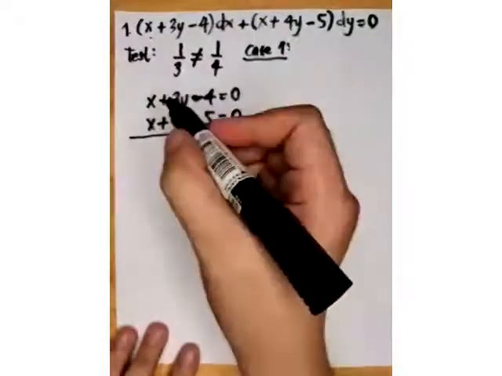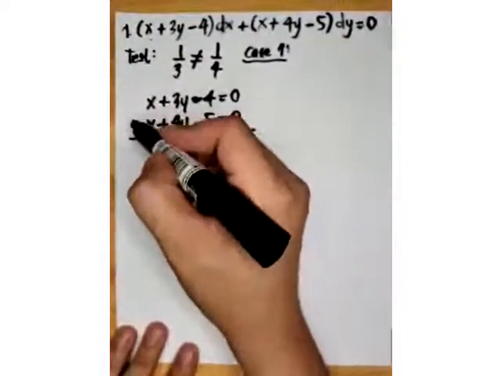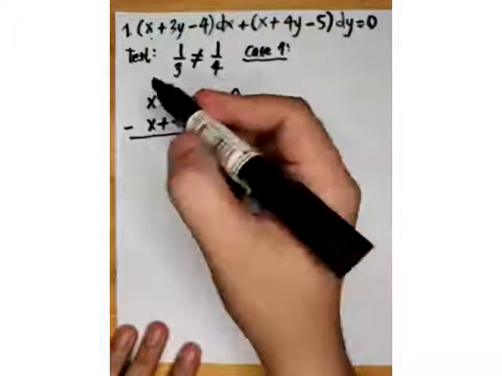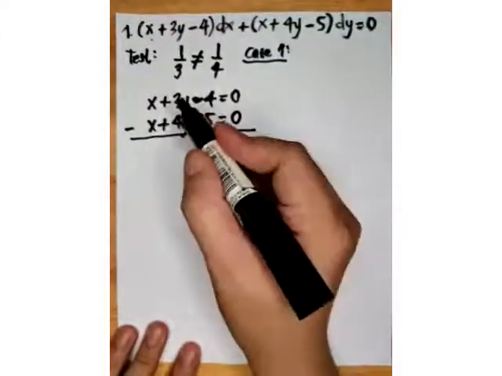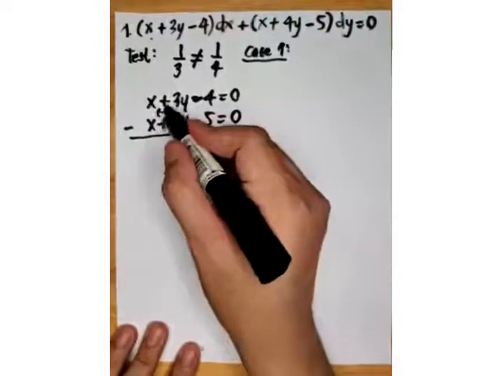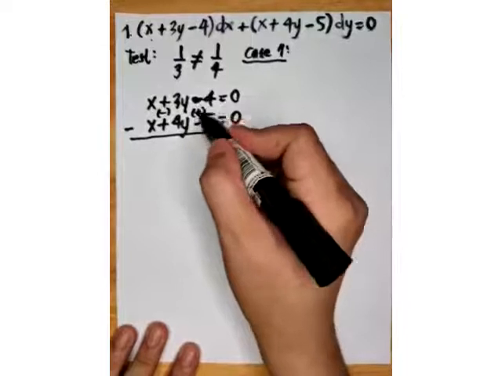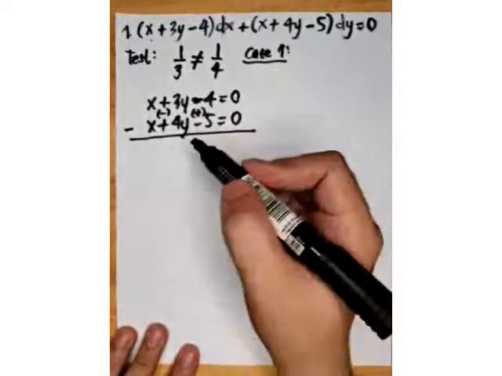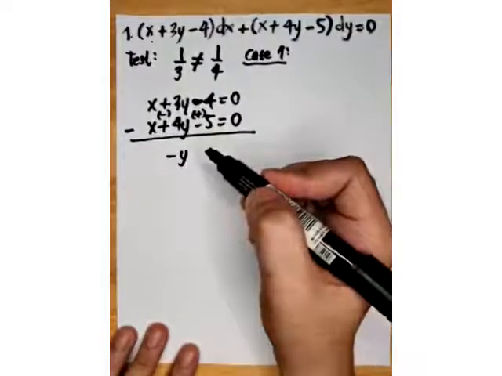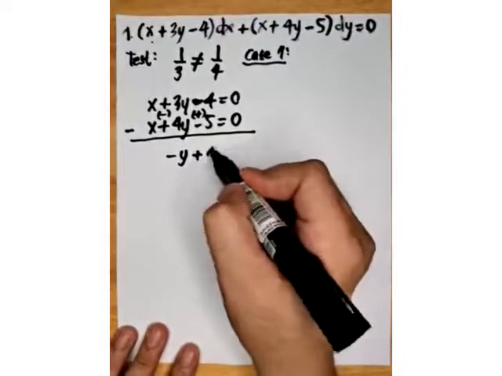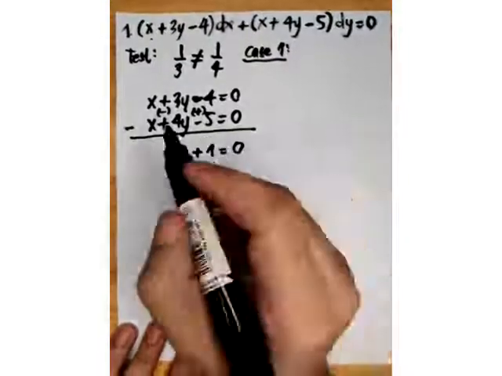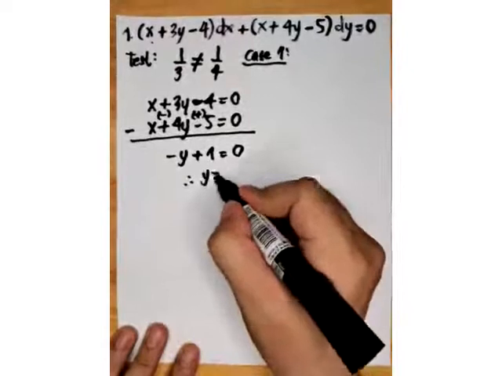I will just eliminate x since pareho na tong 1 lang. So let's just subtract. So that will be 0, this will become negative and this will become positive. So this is negative y plus 1 is equal to 0. So therefore, y is equal to 1.